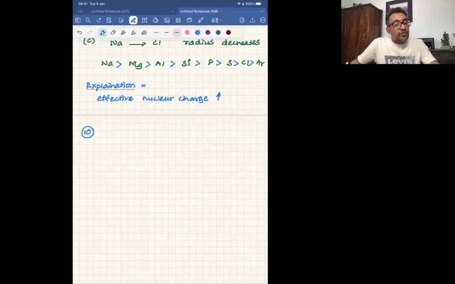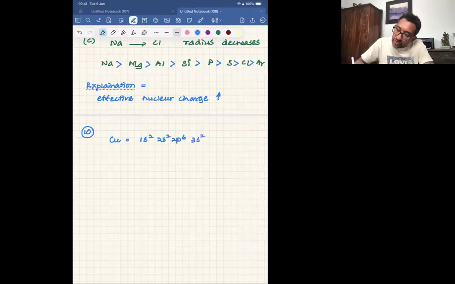Which one of the following is the correct electron arrangement of copper? Copper plus 2, copper, all these things are there. I'll write the electronic configuration of copper. What is the copper electronic configuration? 1s2, 2s2, 2p6, 3s2, 3p6, 4s2, 3d9. So 3d9 means 3d10 and 4s1. This is your electronic configuration.